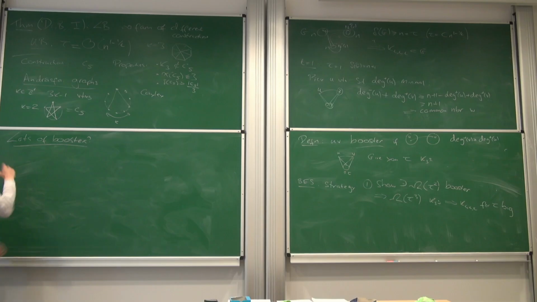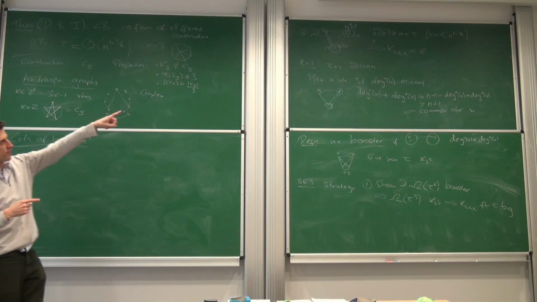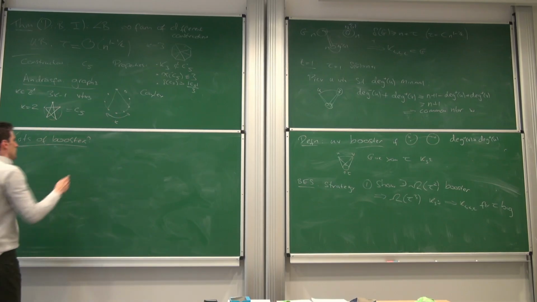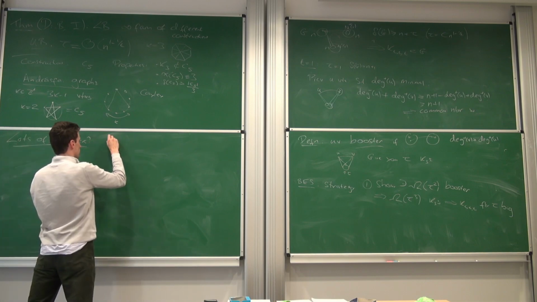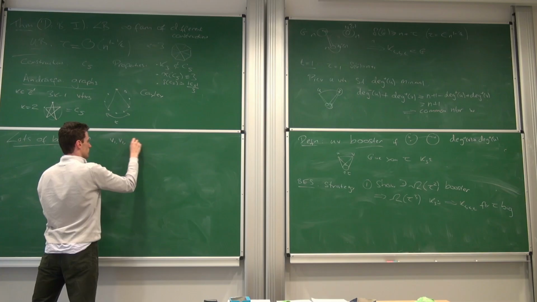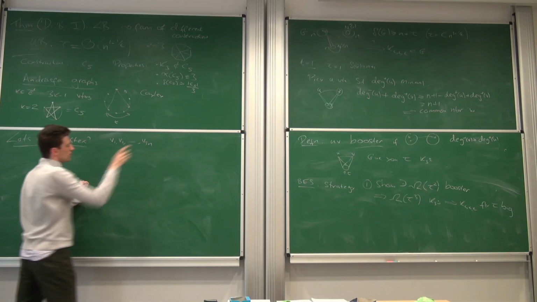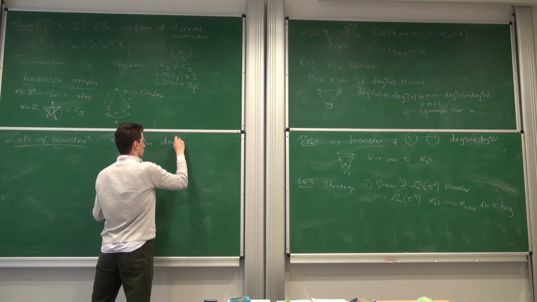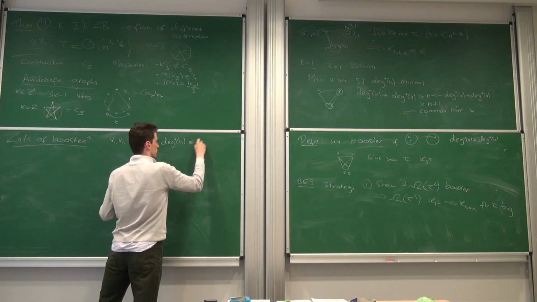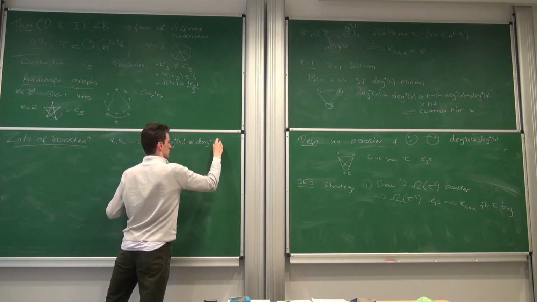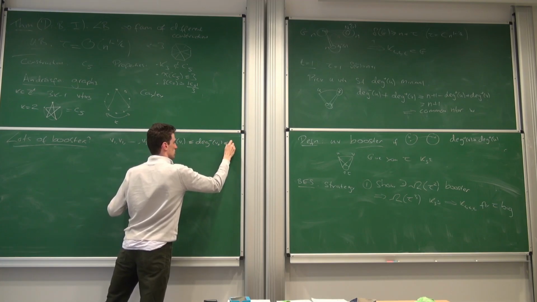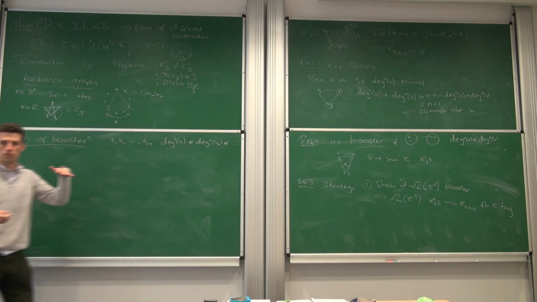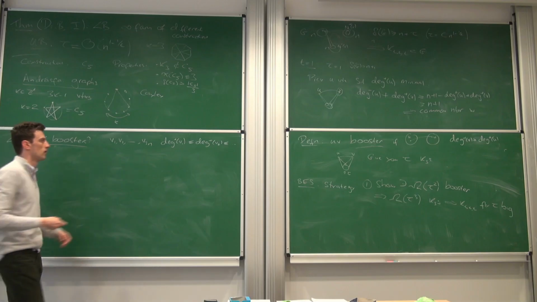This is quite pretty. So the starting graph has 3n vertices. I'll order my vertices, label them v1 up to v3n, by their forward degree. So v1 has the smallest forward degree, v2 has the next smallest, and so on.